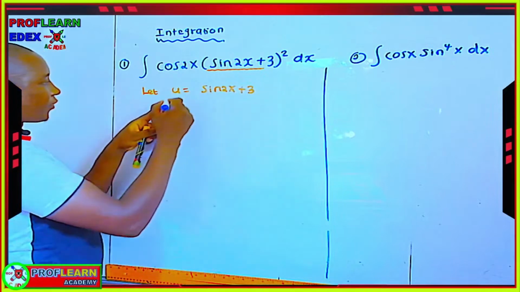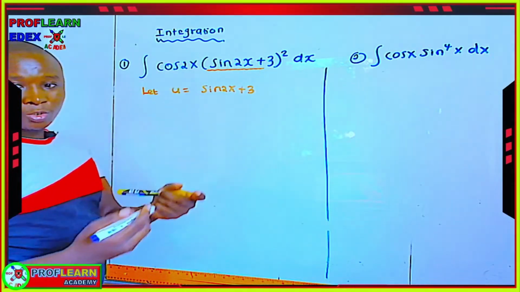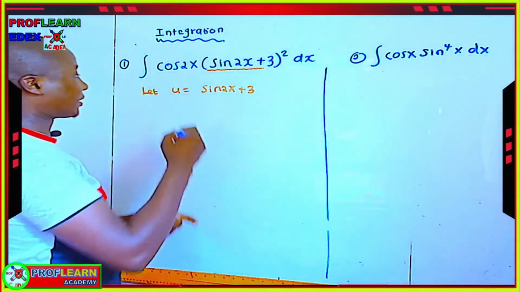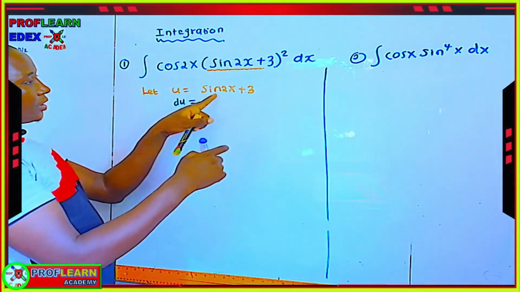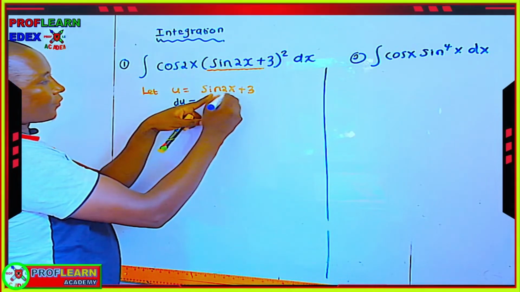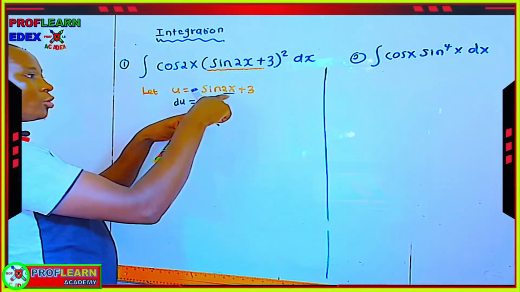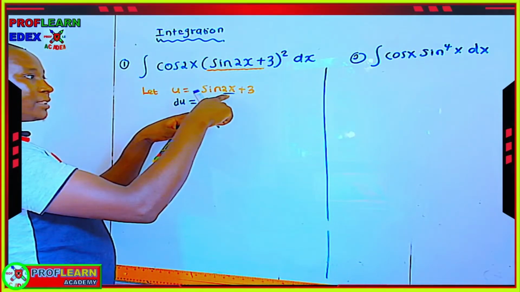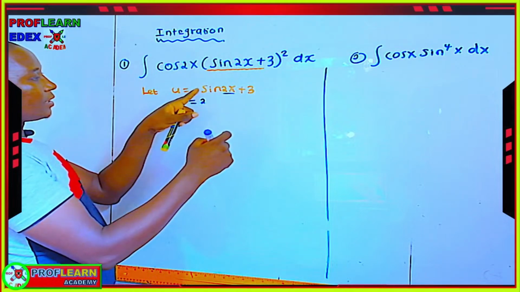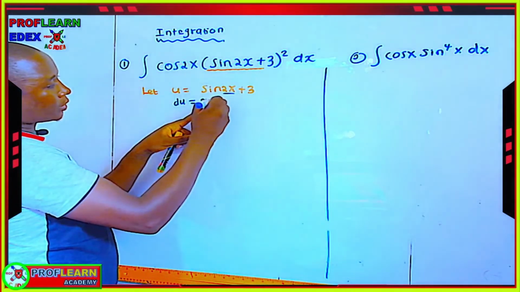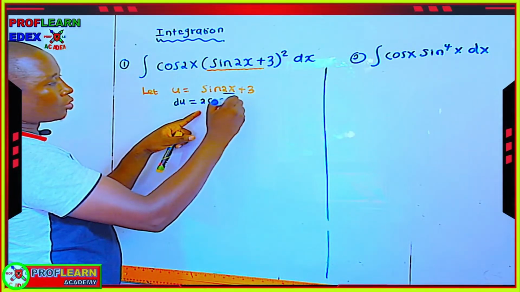In order to simplify this further, we are going to differentiate. Differentiating u, because u is a function of x, we're going to have du equals, differentiating this, you start by differentiating the inner function, so you are going to get 2. Then differentiating a sine, we are going to get a cosine, then it will be 2x.